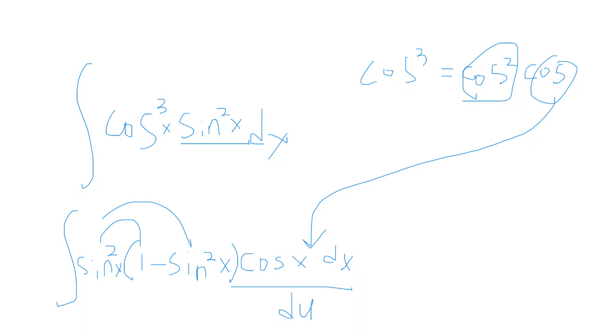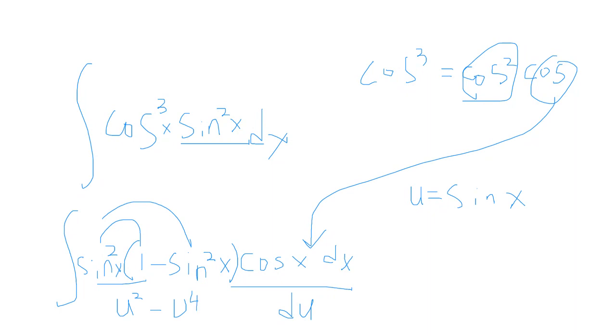We want u to be sine x. Then du, you see, is cosine x dx. So we can change this to be du, and this one to be u squared minus u raised by 4.